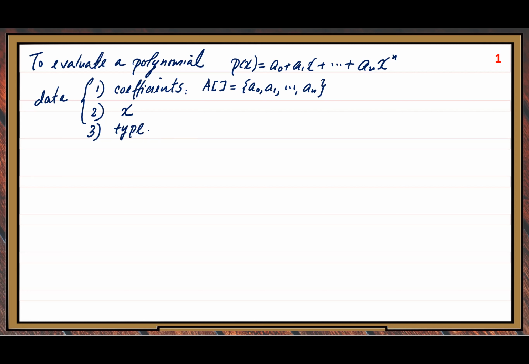Type of methods. Okay, type of methods. 0 exit. Method 1, method 2, method 3. So we can also include that part.